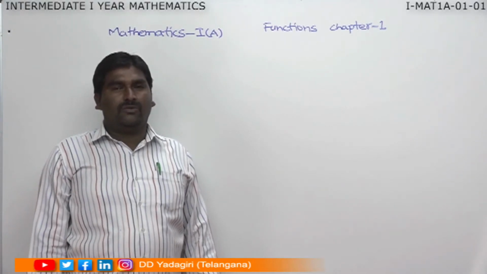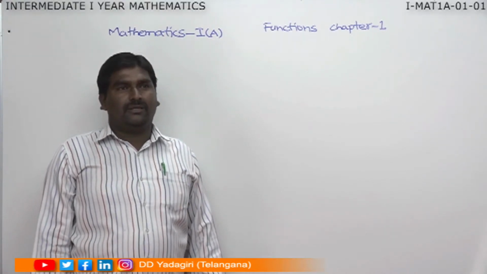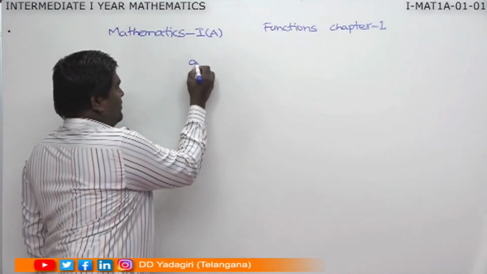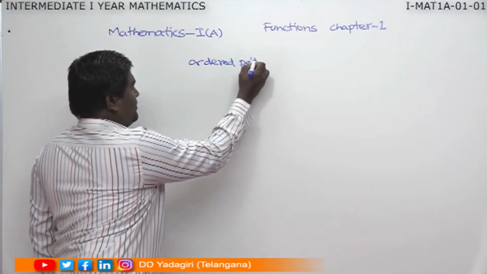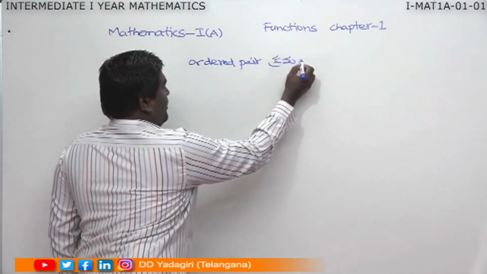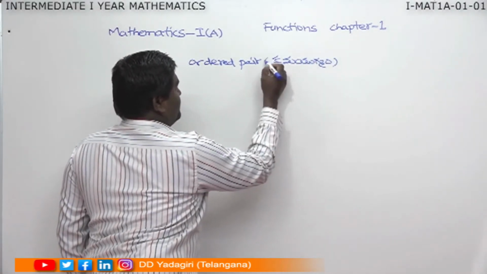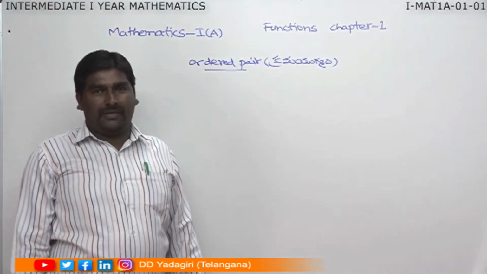In this, the first concept is ordered pairs. In Telugu, it is Kramayugmam. Now, what is an ordered pair?